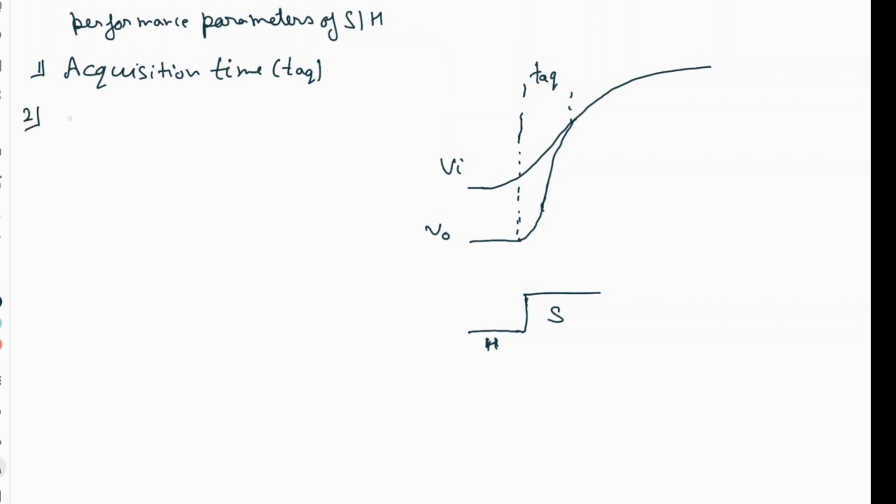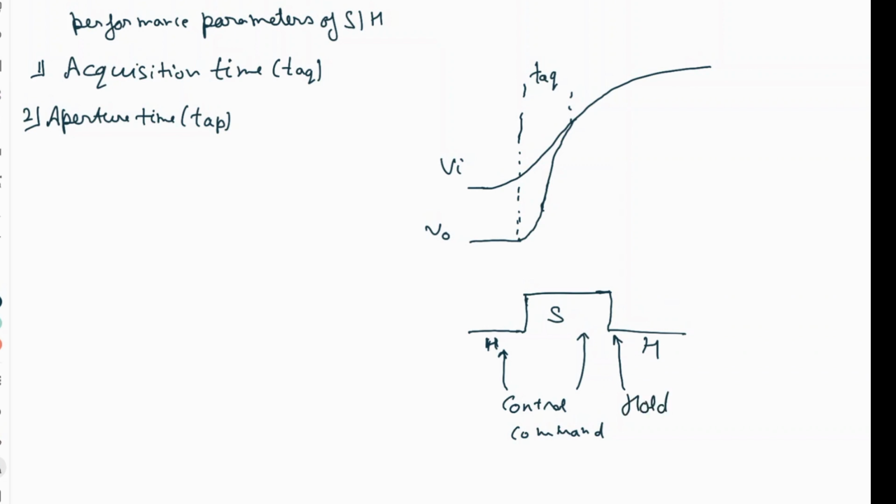The second performance parameter is aperture time. It is the time elapsed between the command to hold and the actual opening of the switch. So we say okay, now hold, and there is time actually needed to open the switch.